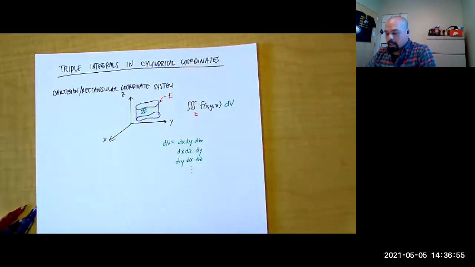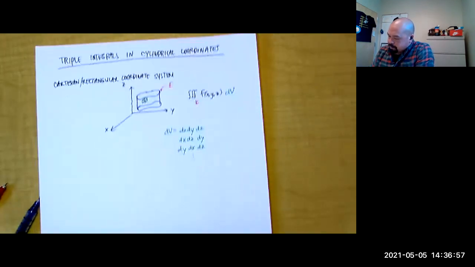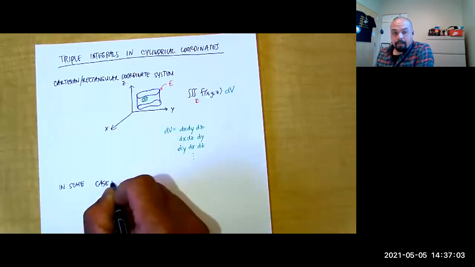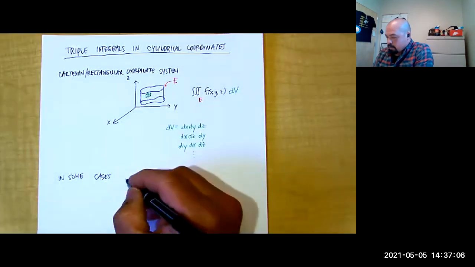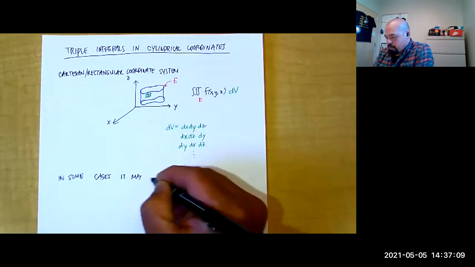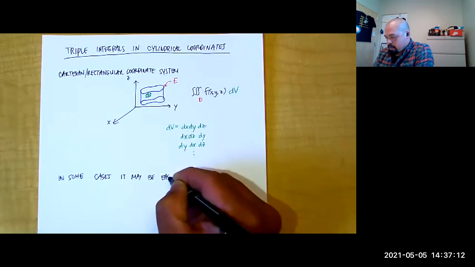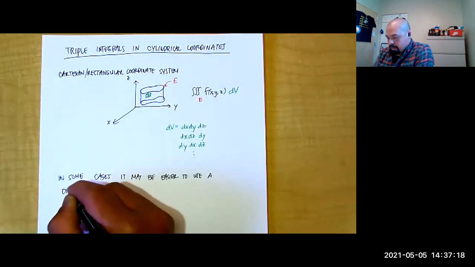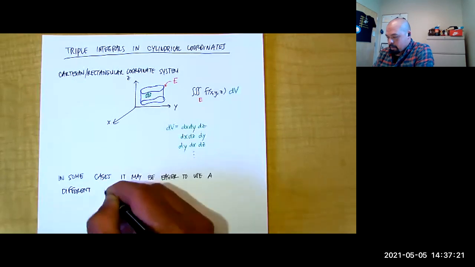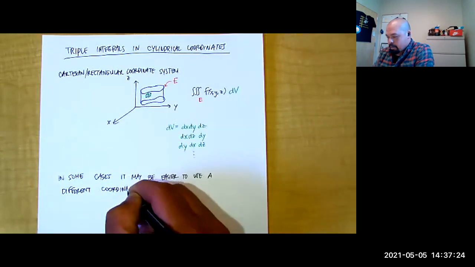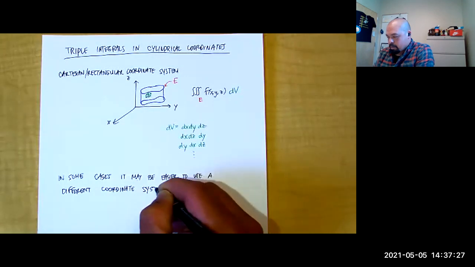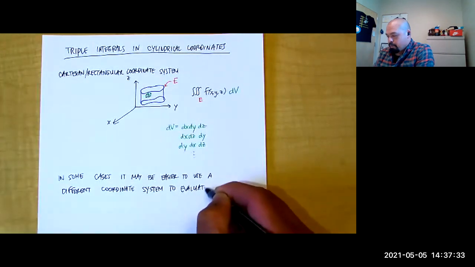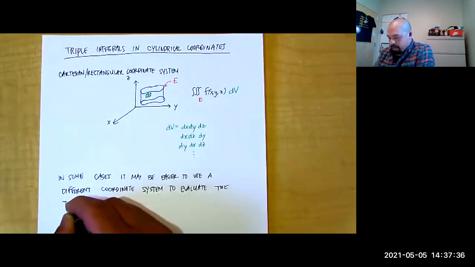So now, as we had talked about, in some cases it may be easier to use a different coordinate system to evaluate, compute that triple integral.